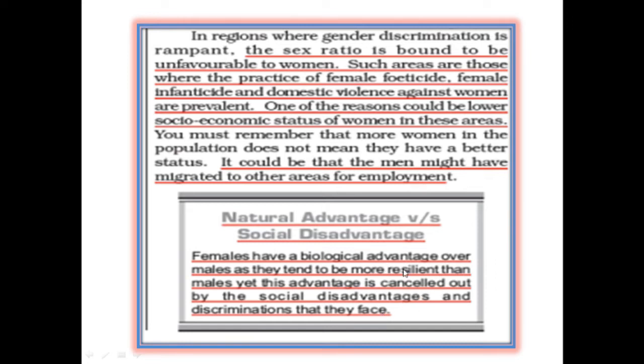Here, resilient means strong to deal with illness or a shock or a change, because women are considered as strong to deal with any kind of shock or change.